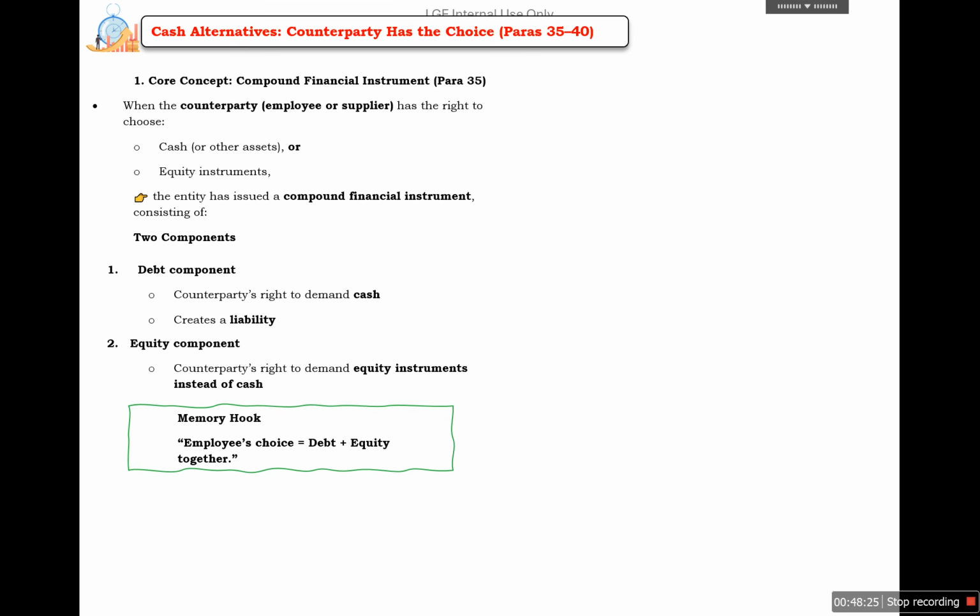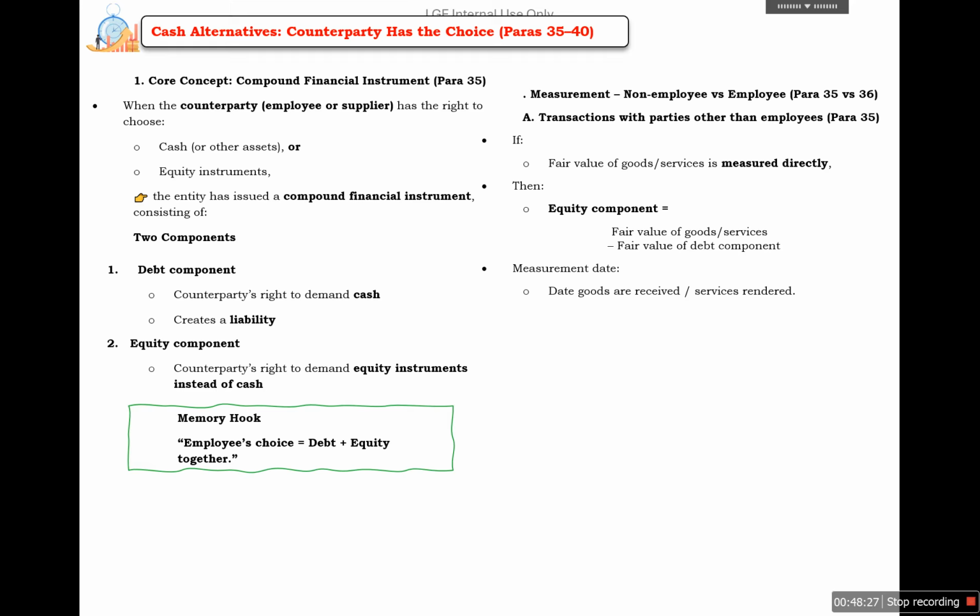Next is how to measure transactions with parties other than employees. If the fair value of goods and services is measured directly, we need to find the equity component.